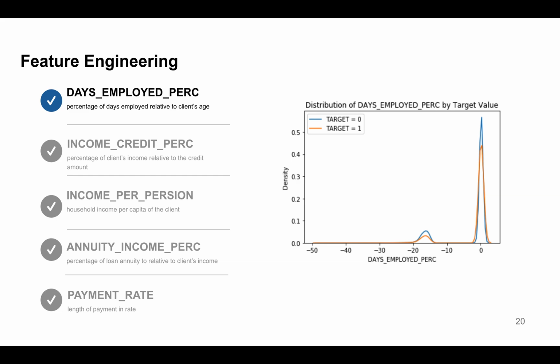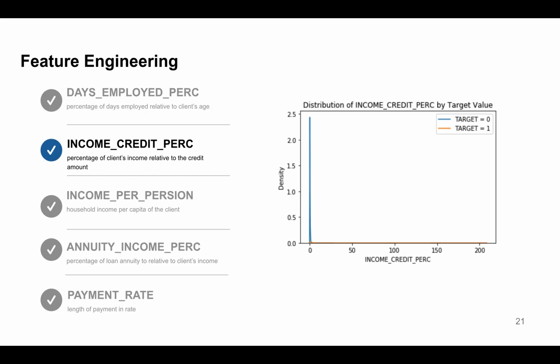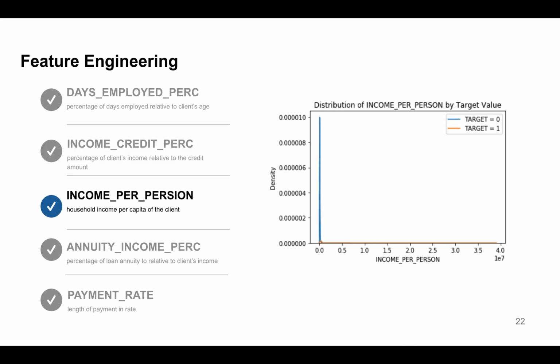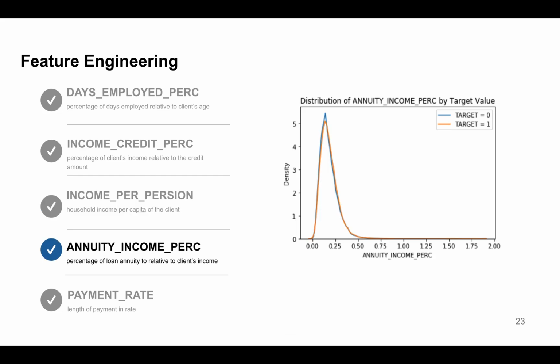First is the percentage of days employed relative to the client's age. We can see the rate is higher for those who paid on time than for those who have difficulty paying the loan. The percentage of the client's income relative to the credit amount and the household income per capita of the client show a great difference in value distribution over the target.